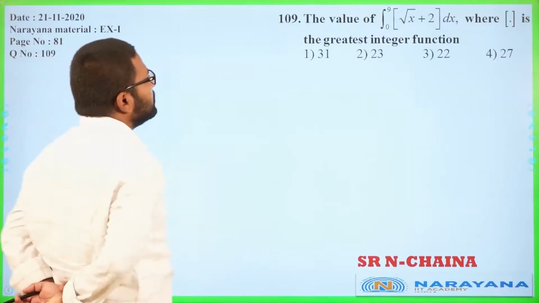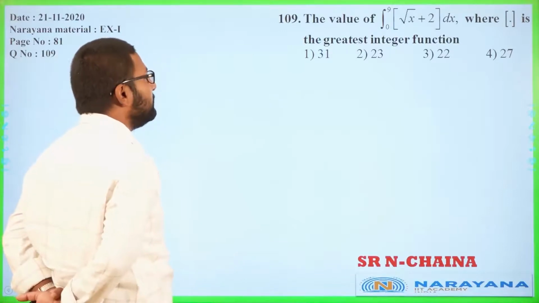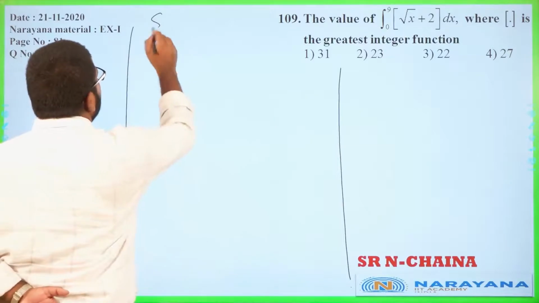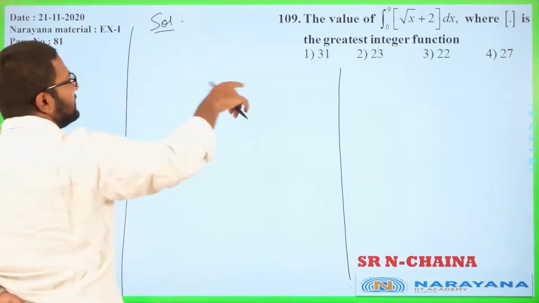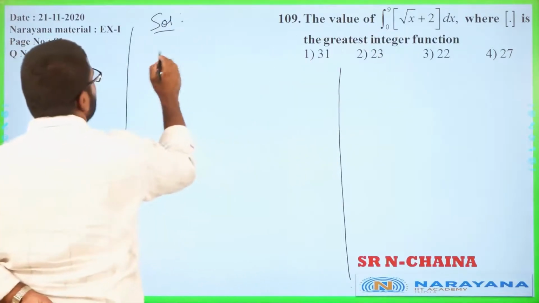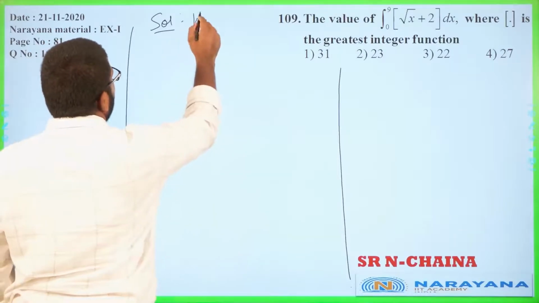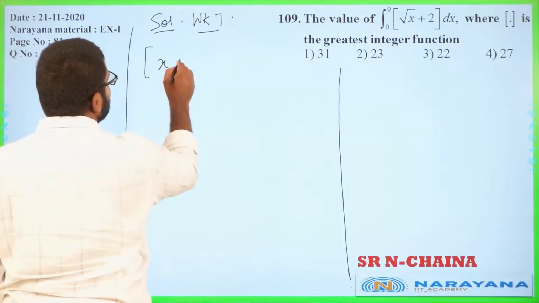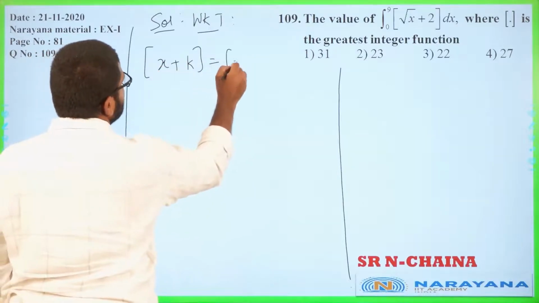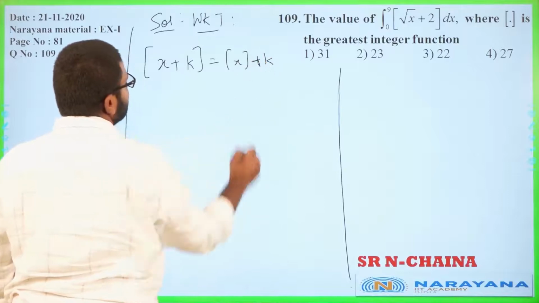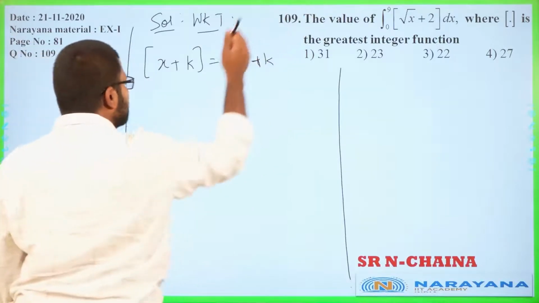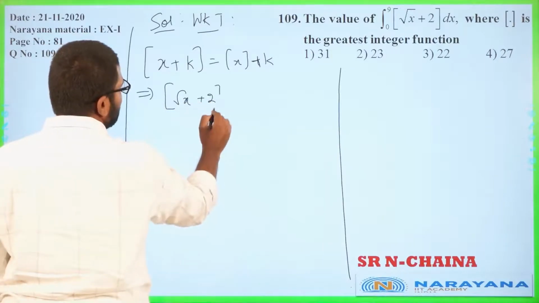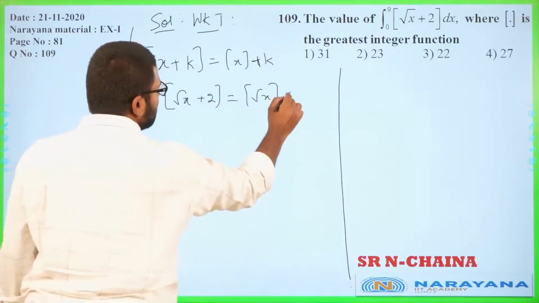The value of integral 0 to 9 of step of root x plus 2. Again we need to ask where it is going to change its integer value. First, we know that step of x plus any integer is step x plus that integer, which means the 2 will go outside the step, so step of root x plus 2 is basically step root x plus 2.